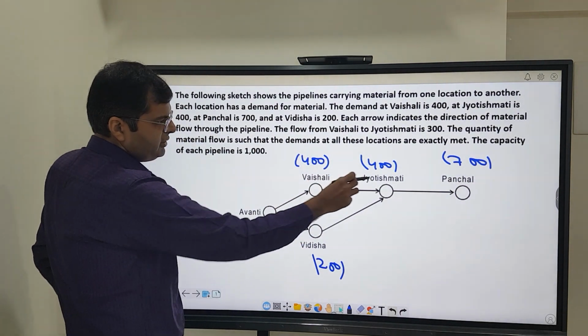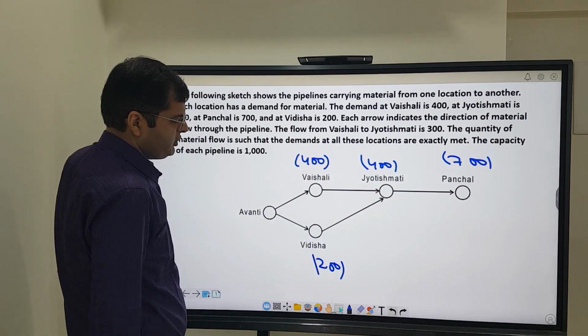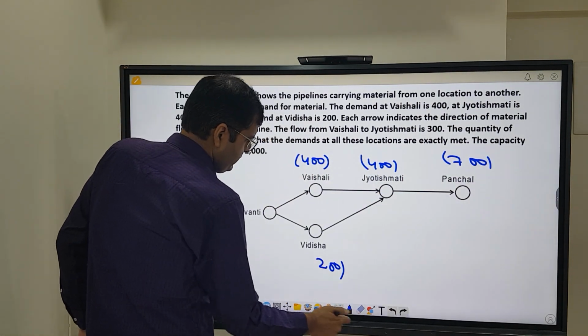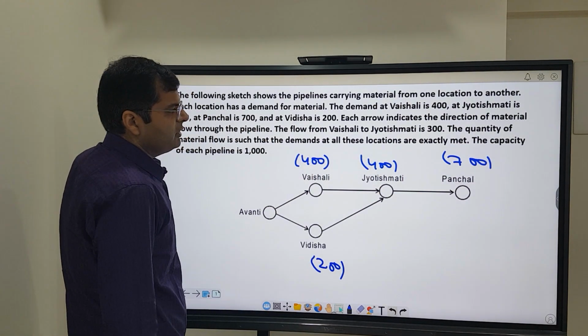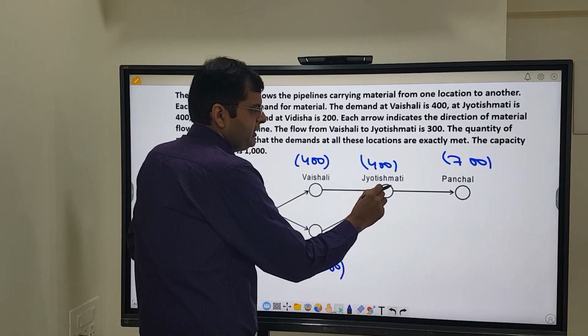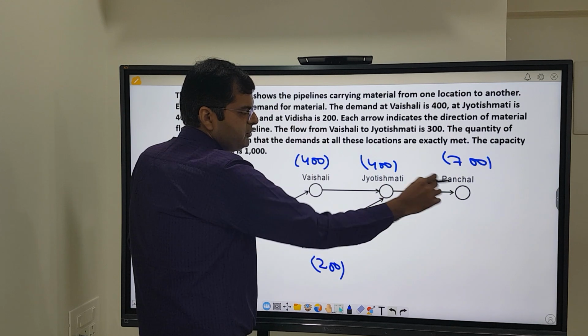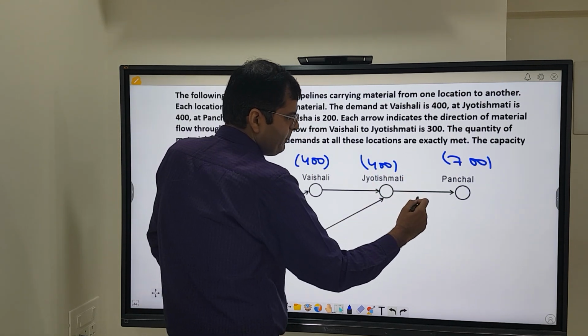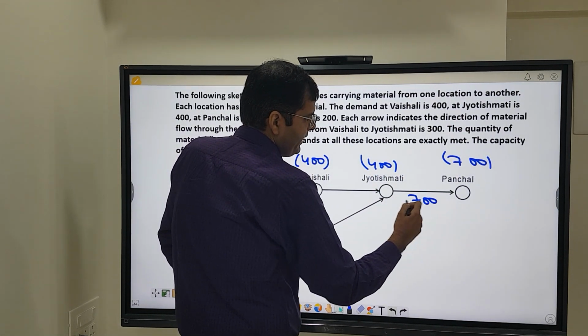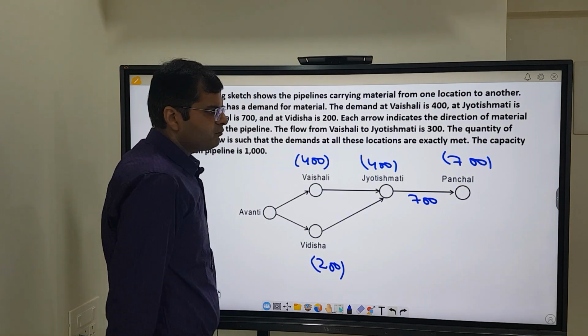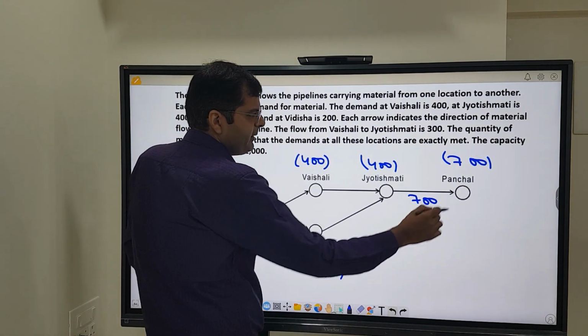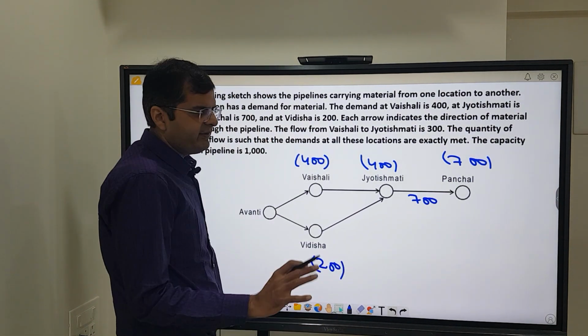Now you see the direction of flow is like this, only in this forward direction. Okay. So now if you look at it from Jyotishmati, 700 has to go to Panchal, because to Panchal only Jyotishmati is supplying. So in this pipeline, 700 is supplied. Alright, so Panchal will get the 700.